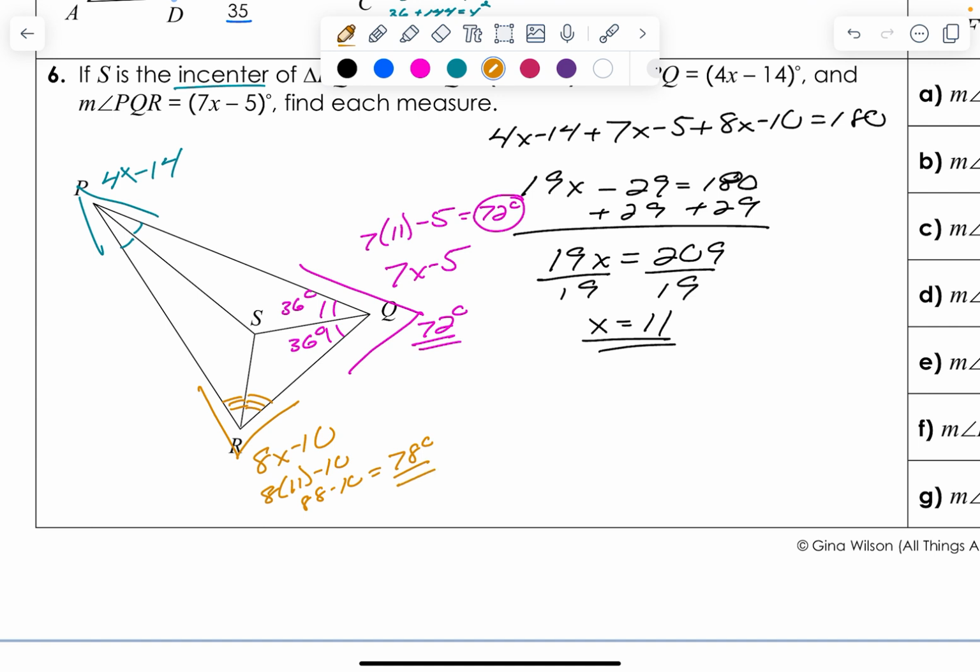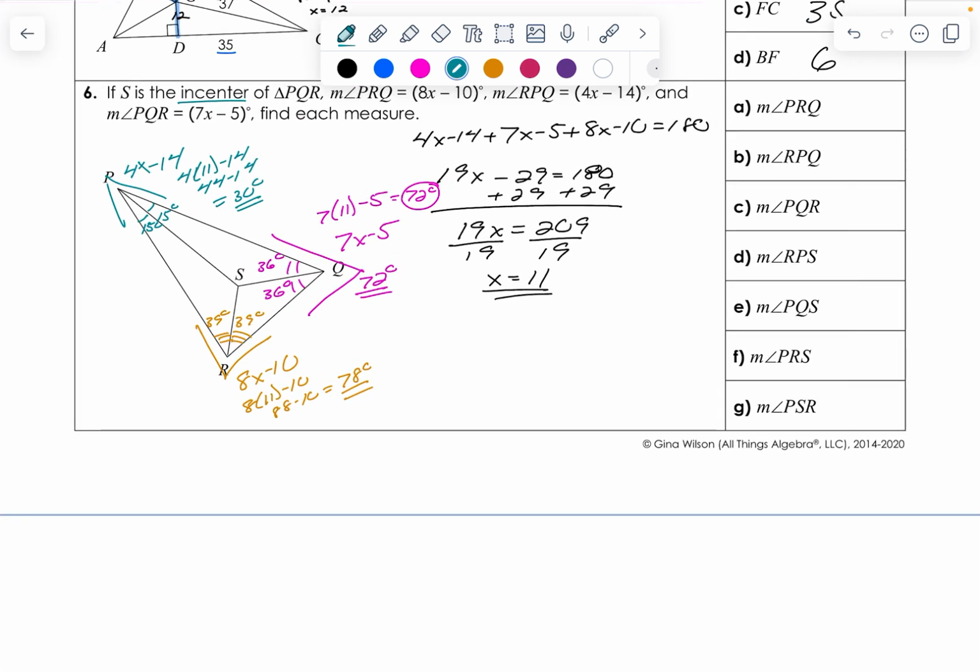So this whole thing is 78. If we divide that in half, this is 39, this is 39. And then up here, 4 times 11 minus 14, 44 minus 14 is 30 degrees. So the whole thing is 30, or this is 15, and this is 15.